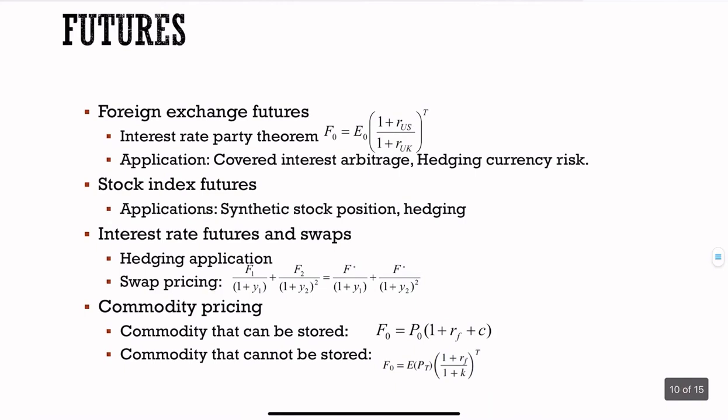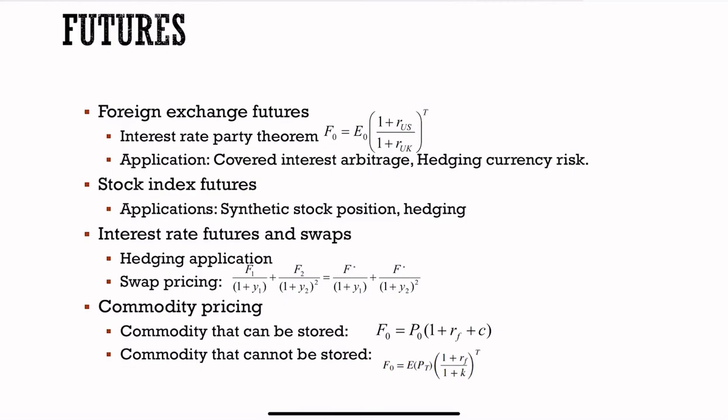And then we go into details, talking about 3 kinds of futures. The first is the foreign exchange futures. And here we learned the interest rate parity theorem. It's really just a modified version of the spot futures theorem.